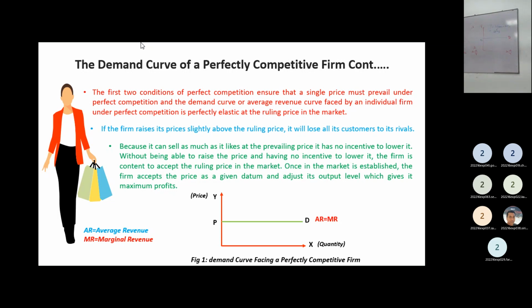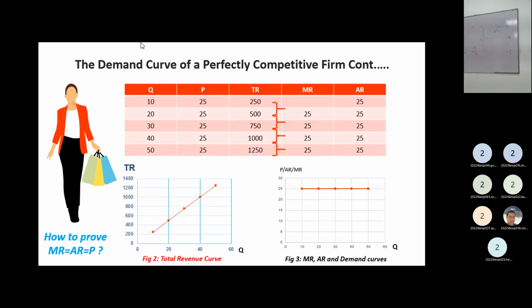Right, so now let us look at some figures. Now we are going to discuss the demand curve in a perfectly competitive market structure. We got to know that it is perfectly elastic. Now here you could see that the company is going to sell outputs of 10, 20, 30, 40 and 50.